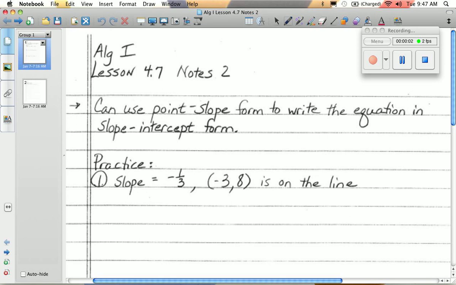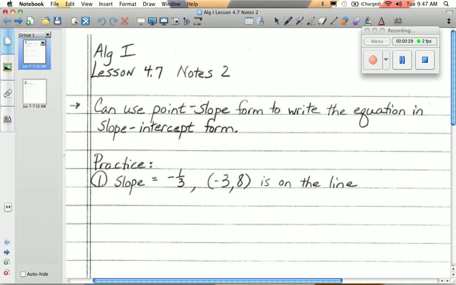So today, as we're covering the rest of 4.7, the first thing we're going to work with is our point-slope form to help us write an equation in slope-intercept form. We've already done writing an equation in slope-intercept form, given a point that's not the y-intercept and given the slope.